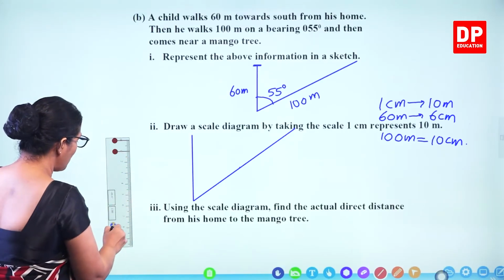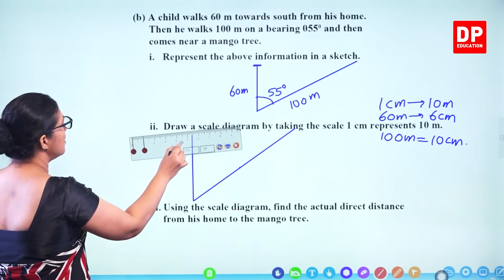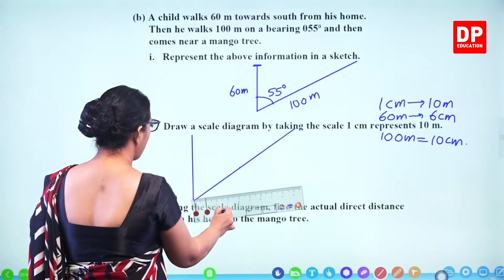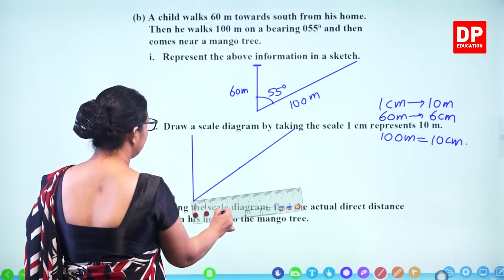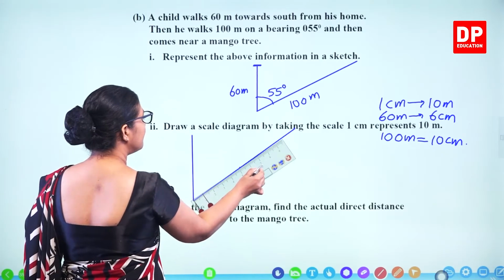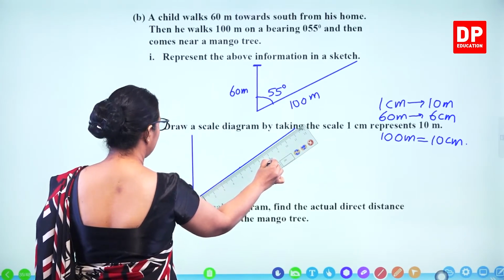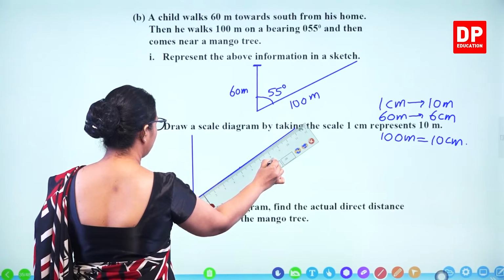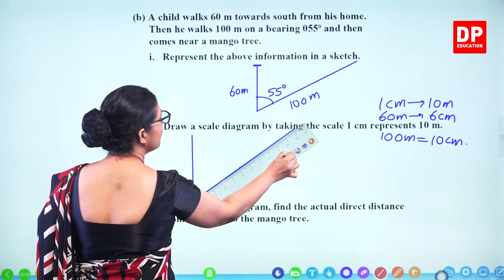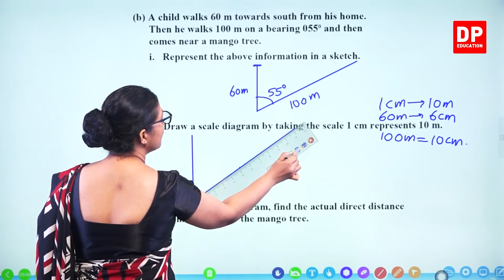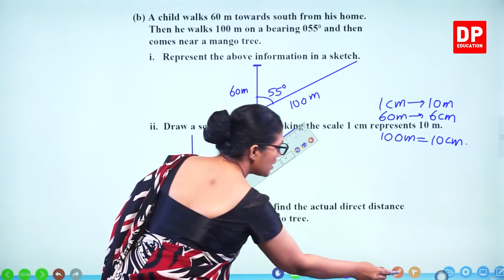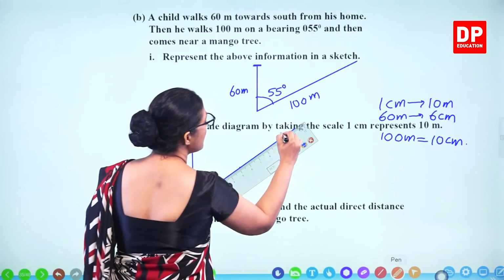You can either use the compass or I'll take the ruler and we'll measure from here. So, where's 10 centimeters? 10 is here.